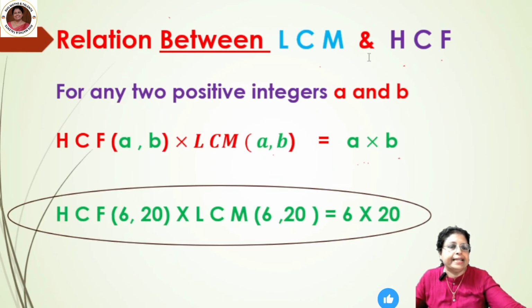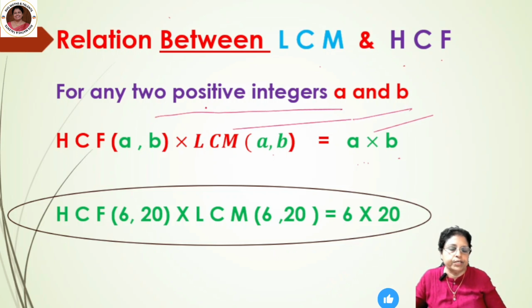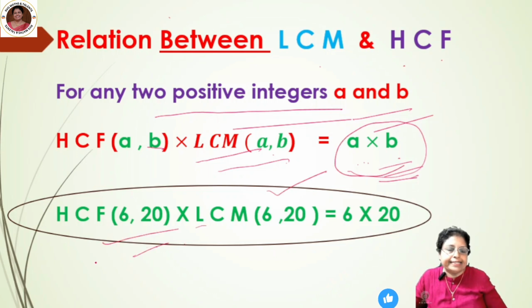Relation between LCM and HCF. We can generalize this relation: for any two positive integers A and B, the HCF of A and B times the LCM of A and B will be equal to A times B, that is the product of these numbers A and B. HCF of 6 and 20 times LCM of 6 and 20 will be equal to 6 times 20.